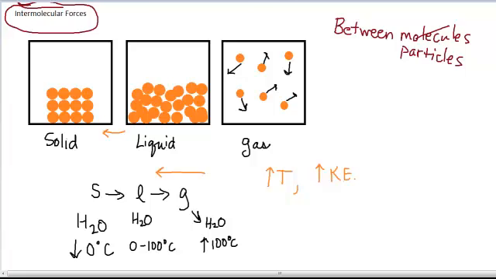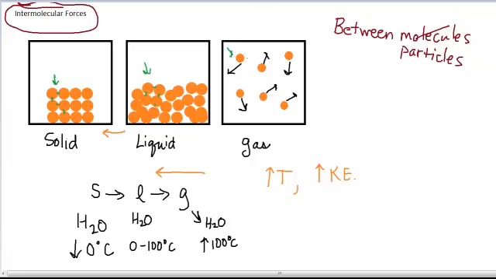In other words, if I look at my samples here, there are forces of attraction between these two particles in this sample of solid, and forces of attraction here and here and here and so on. If we move over to the liquid sample, there are forces of attraction keeping these two particles close to each other.